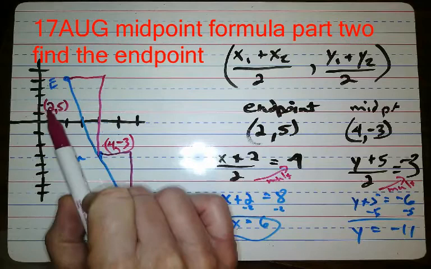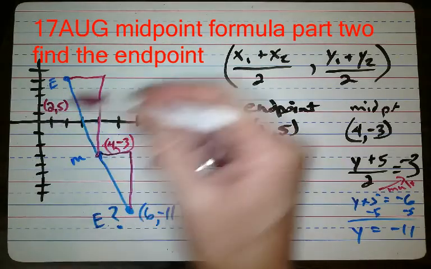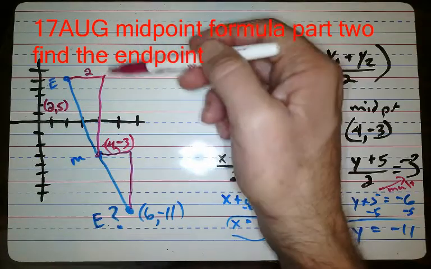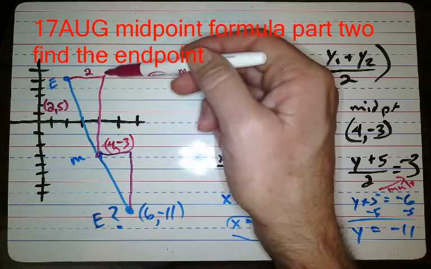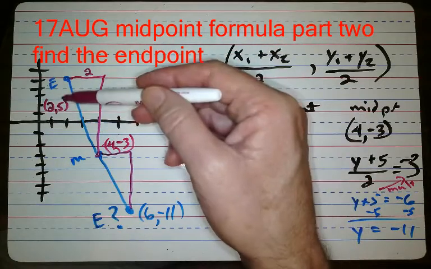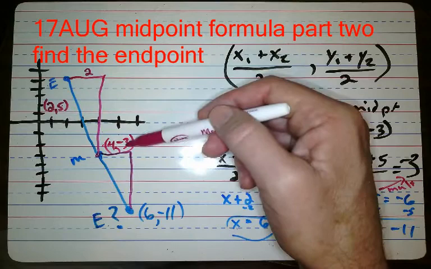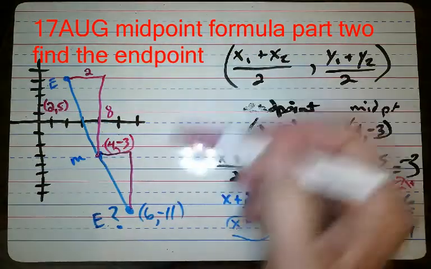If I go from 2 to 4, I go over 2. And then I have to go down. This points at 5, and that points at 3, so I'm subtracting 5 minus 3, that's 8. I've got to go down 8. Over 2, down 8.